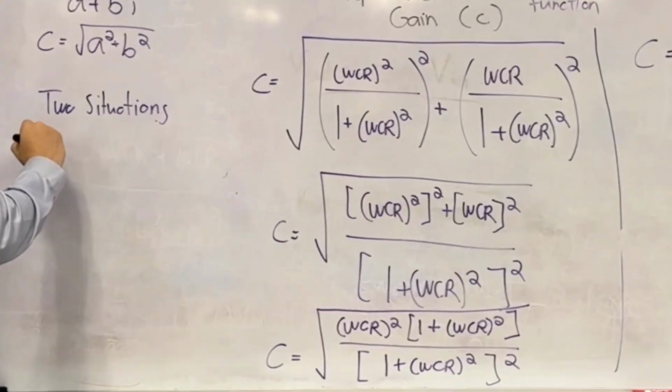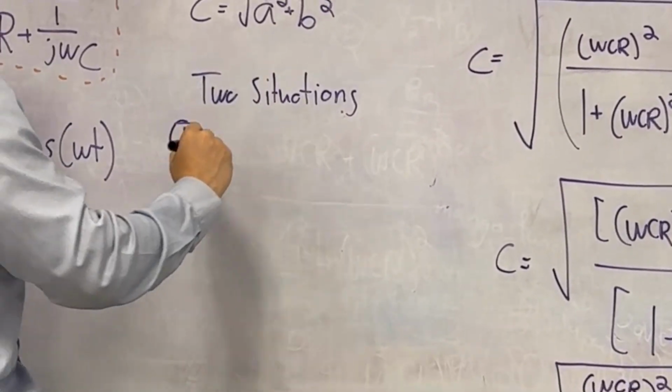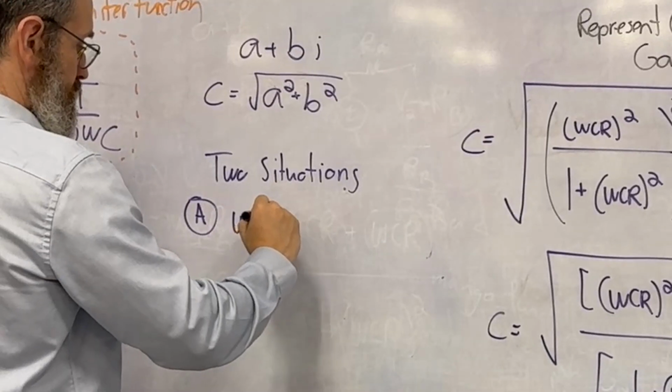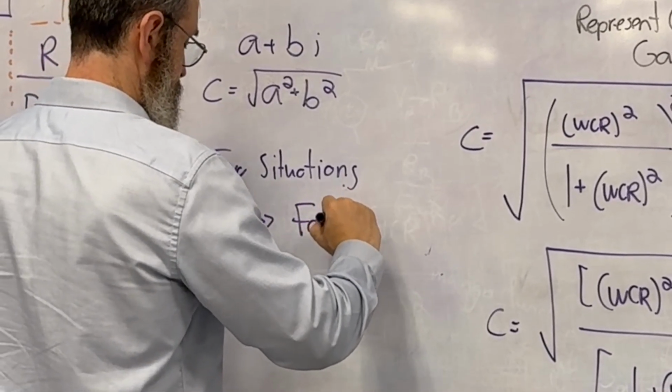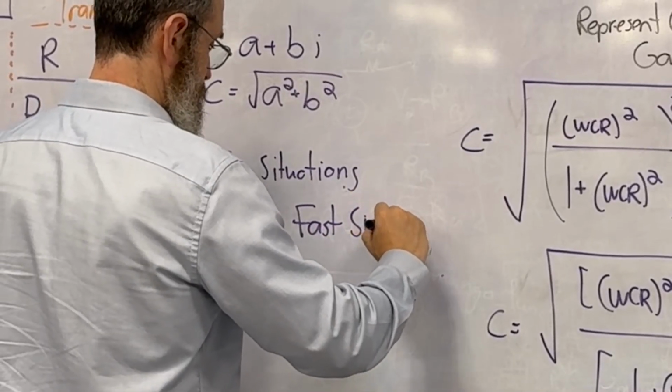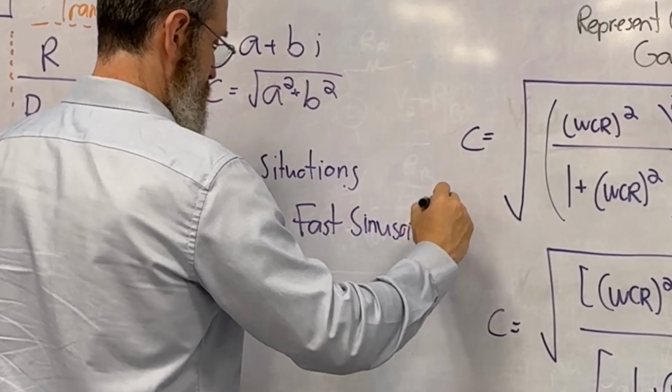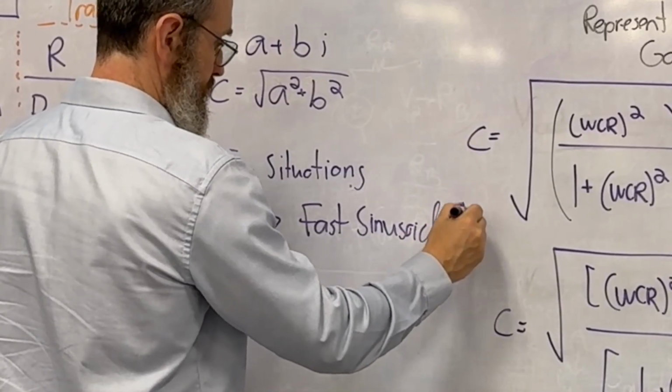Situation A is when the frequency is large, so it's a fast sinusoid. It's wiggling very, very quickly up and down.